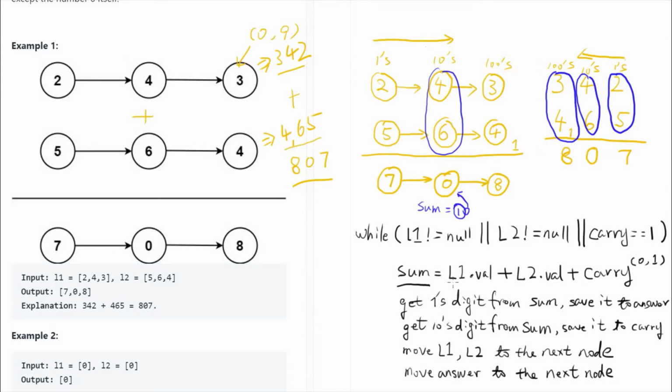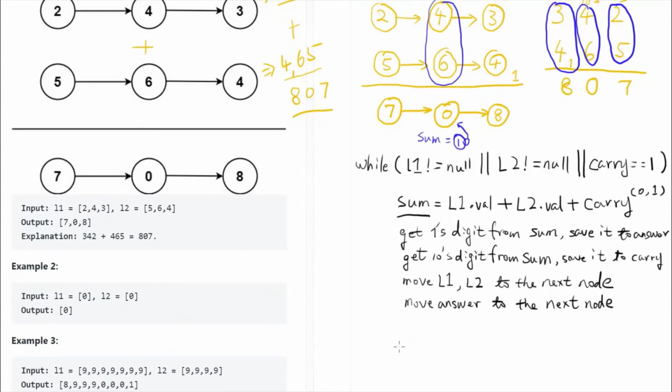So here is the pseudocode we developed from the example number 1. We'll go through the example number 1 again with our pseudocode step by step. So here we have our first number 2, 4, and 3.